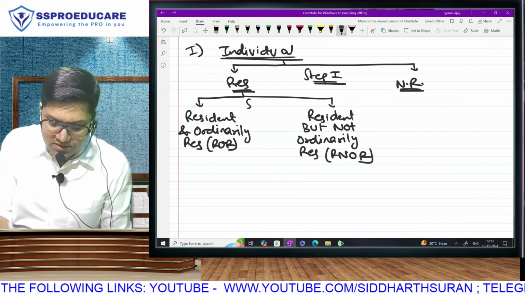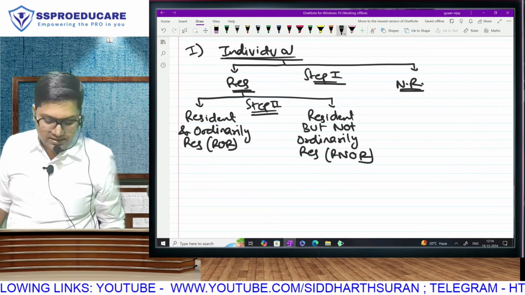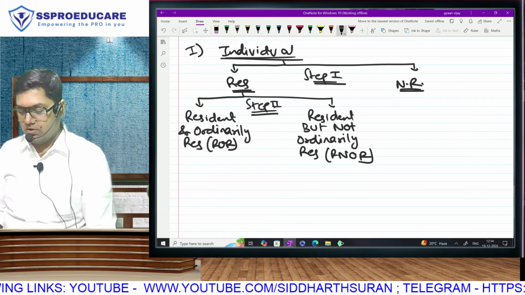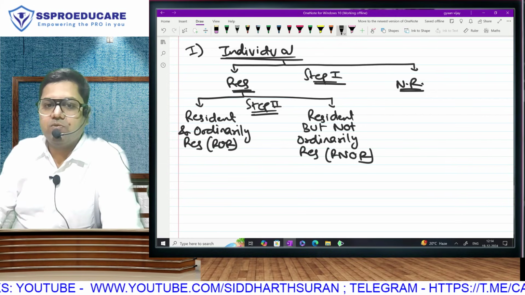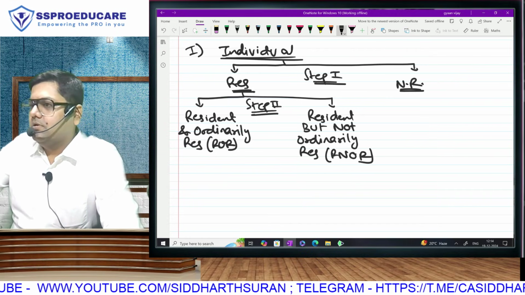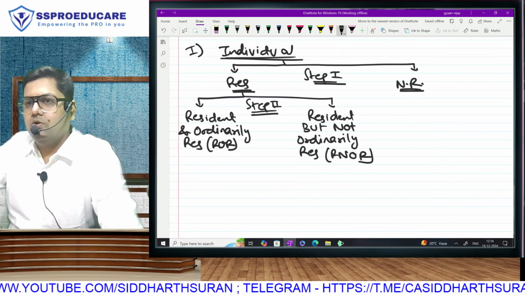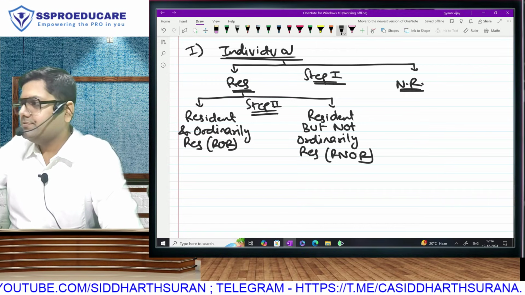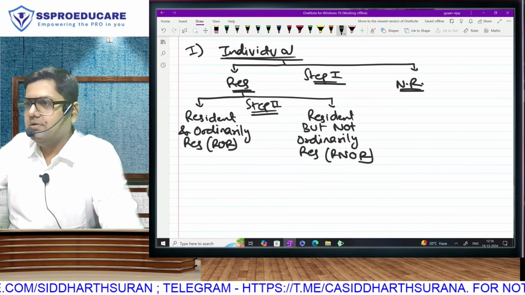And in step number 2, we will be taught whether the individual is resident and ordinarily resident or resident but not ordinarily resident. That is going to be our step number 2. Resident and ordinarily resident and resident but not ordinarily resident. You understood this? Everyone?